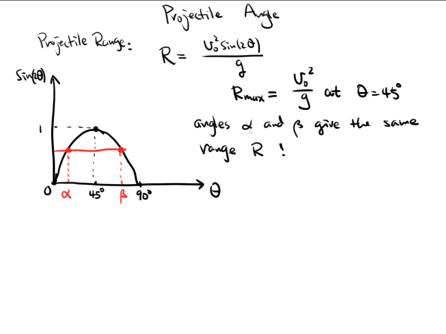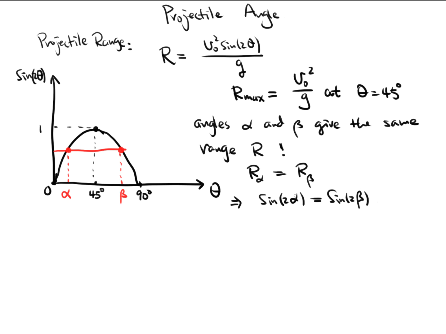First, let's write down how this is possible in a mathematical equation. Since R alpha equals R beta, it means that sine 2 alpha equals sine 2 beta.